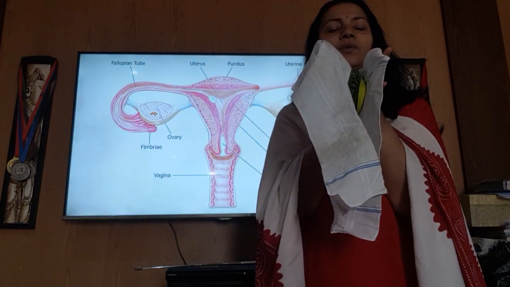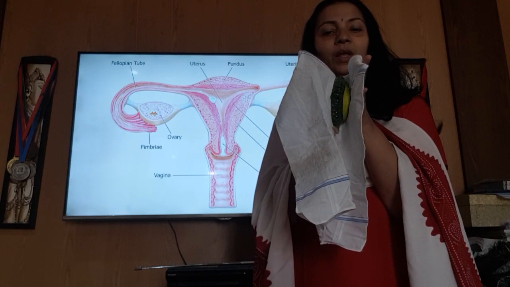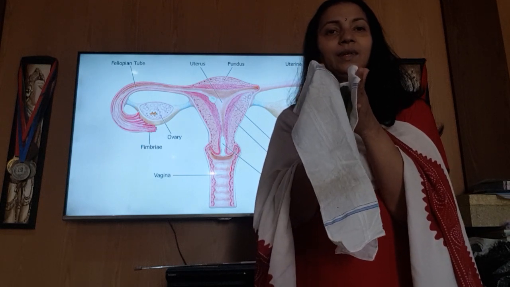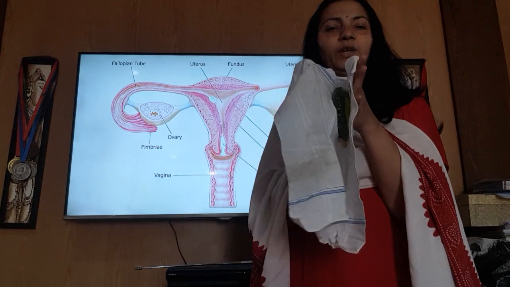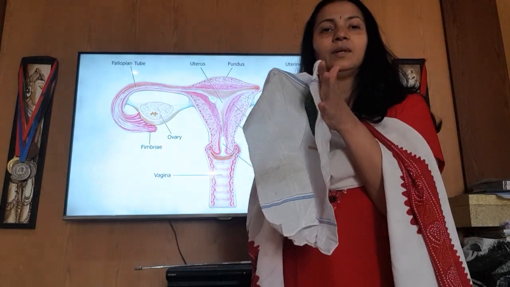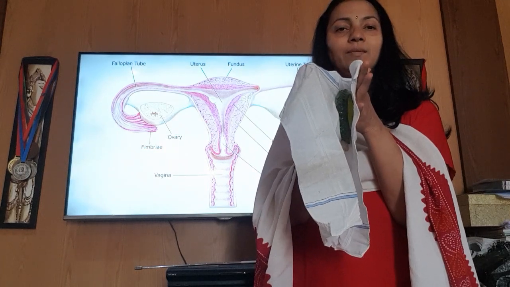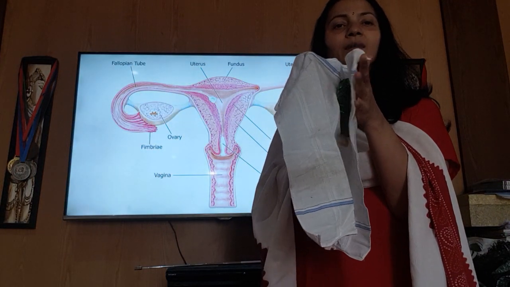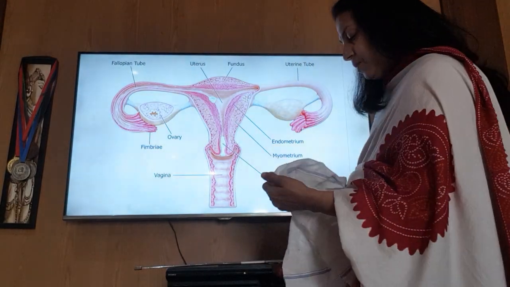Anteriorly, the anterior border is not covered by this fold, and here we can find two layers very distinctly present, isn't it? Two layers of this peritoneum. So these two layers together are called meso-ovarian. So these two layers are going to continue as the broad ligament of uterus.